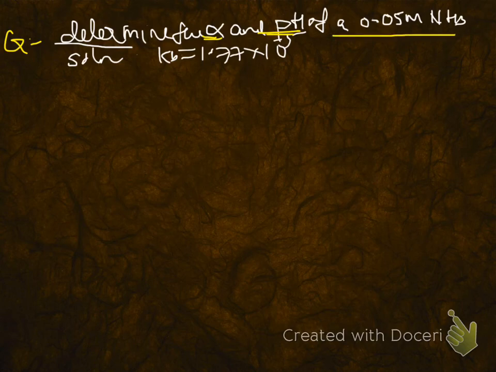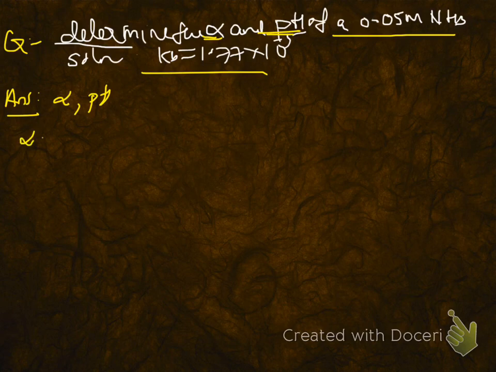You have been provided with Kb, which is 1.77 into 10 raised to minus 5. The parameters to be determined are alpha and pH.